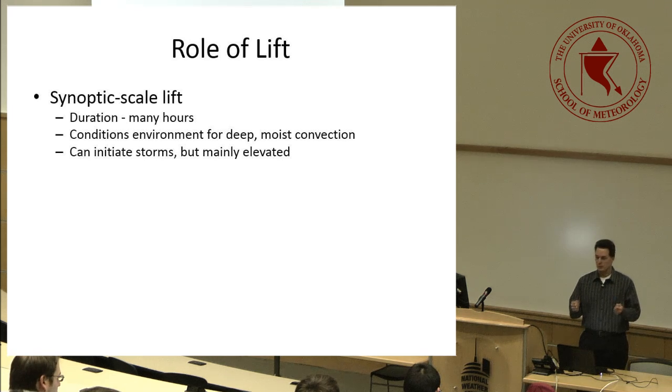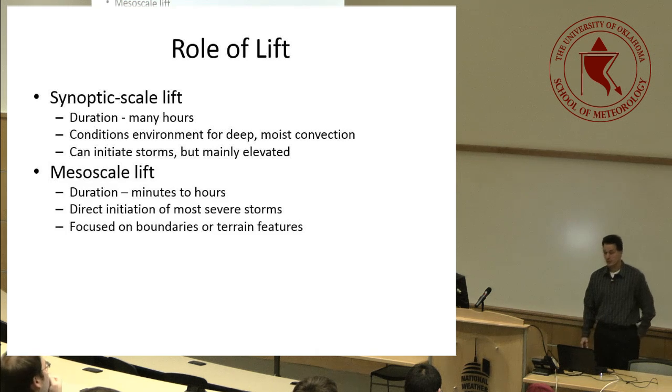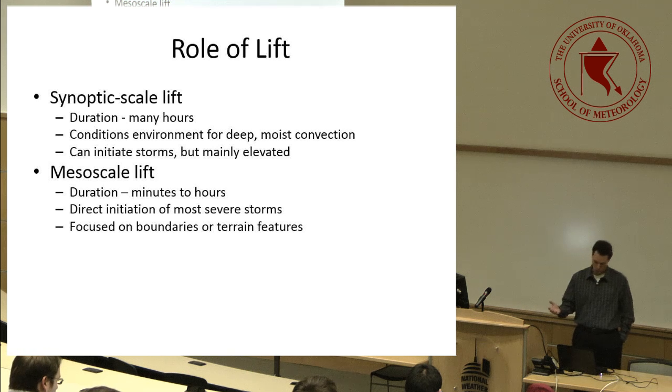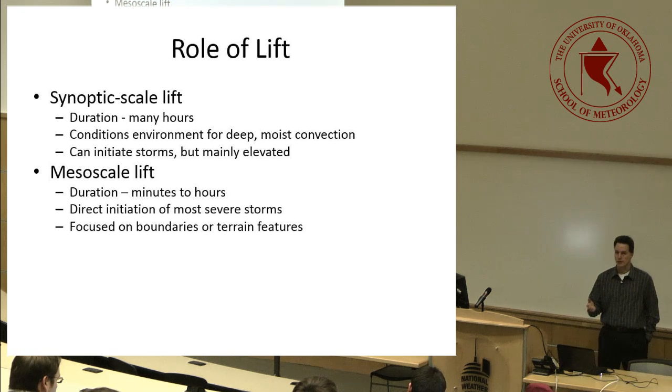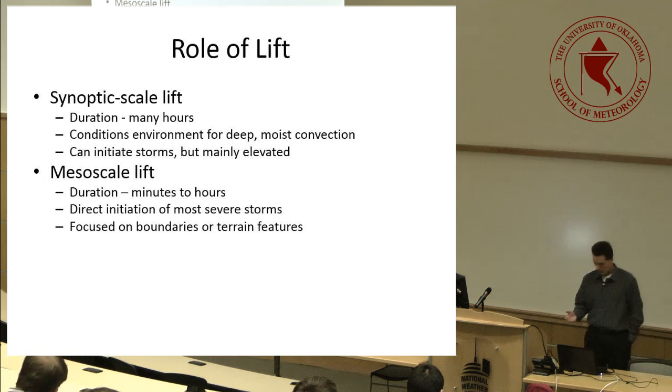However, you don't seem to normally initiate severe storms directly through synoptic scale lift, and I'll show some examples of why that's the case. Mesoscale, however, seems to be our favorite source for storm initiation because now we're getting down to the scale of things like dry lines, fronts, outflow boundaries, and even some of the larger terrain features.